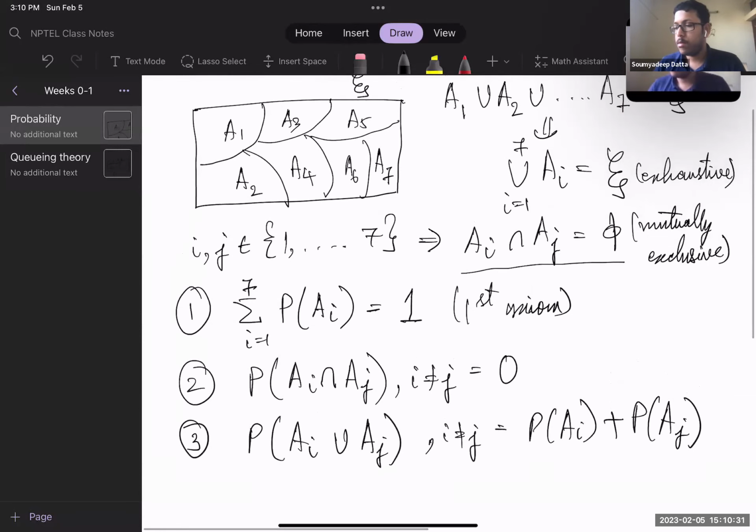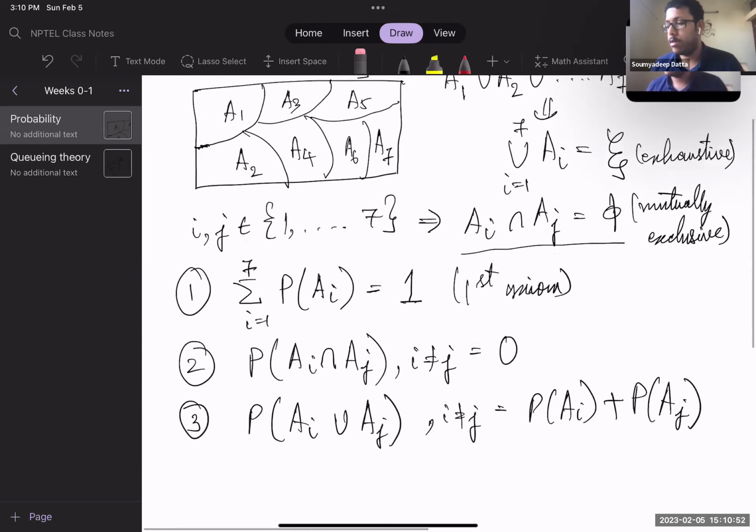Take, let's say, A1 and A2: because these two sets have no intersection, we can only have two situations. The element belongs either to A1 or to A2. Similarly for all of these sets, because they don't intersect with each other.